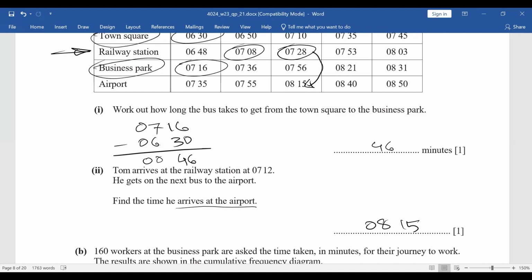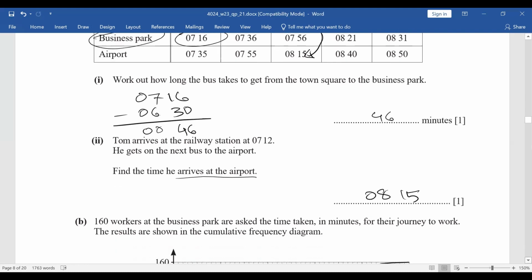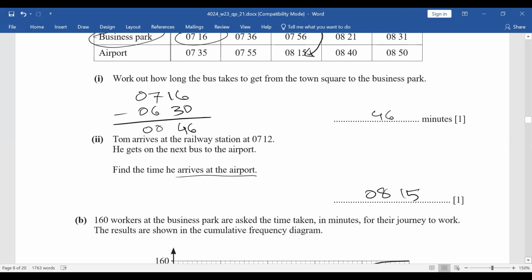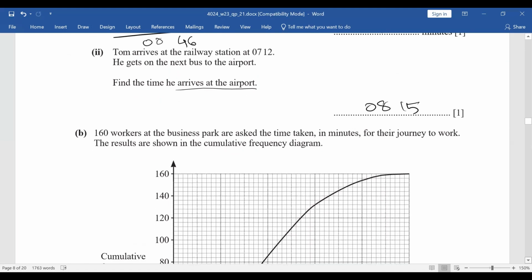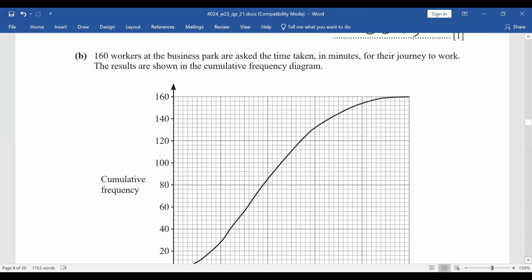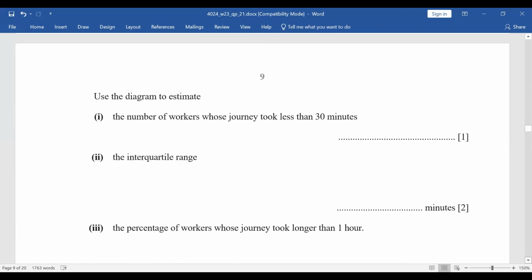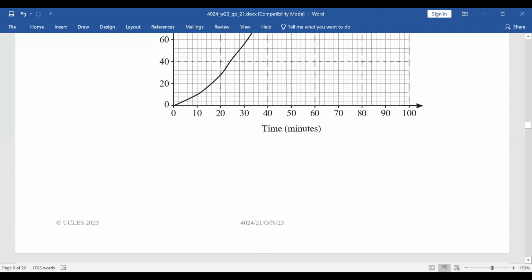Okay. Next question. 160 workers at the business park are asked the time taken in minutes for their journey to work. The results are shown in the cumulative frequency diagram. Use the diagram to estimate the number of workers whose journey took less than 30 minutes.